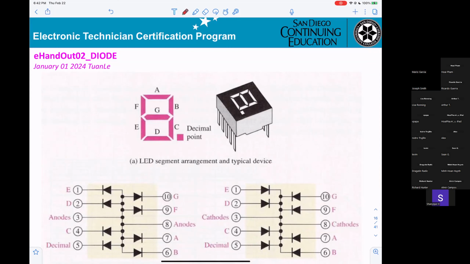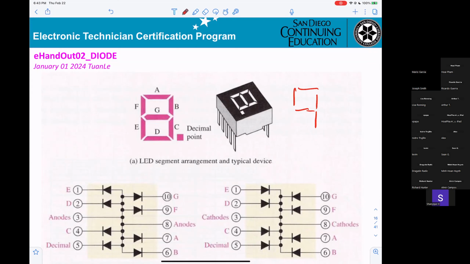If they want number 9, you can see which diode will be on: A on, B on, C on, G on, you get number 9. E and D will be off. They are either on or off, depending on the number.